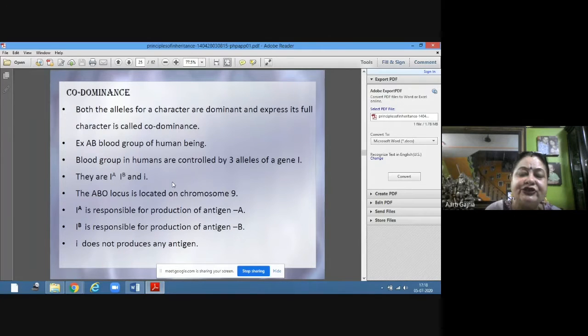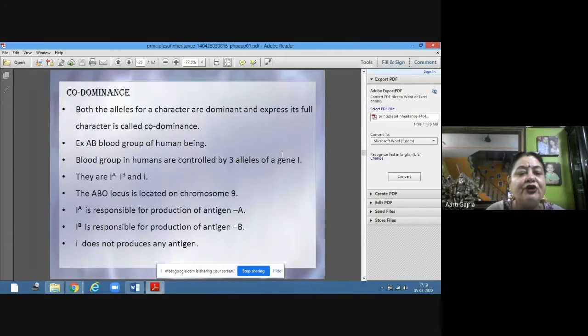Actually, this gene is controlling a sugar polymer which is present on the surface of the RBC. If you remember your 11th standard syllabus, when we were discussing the circulatory system, we discussed blood groups as well, the antigens and the antibodies. So these sugar polymers are present on the surface of the RBC.